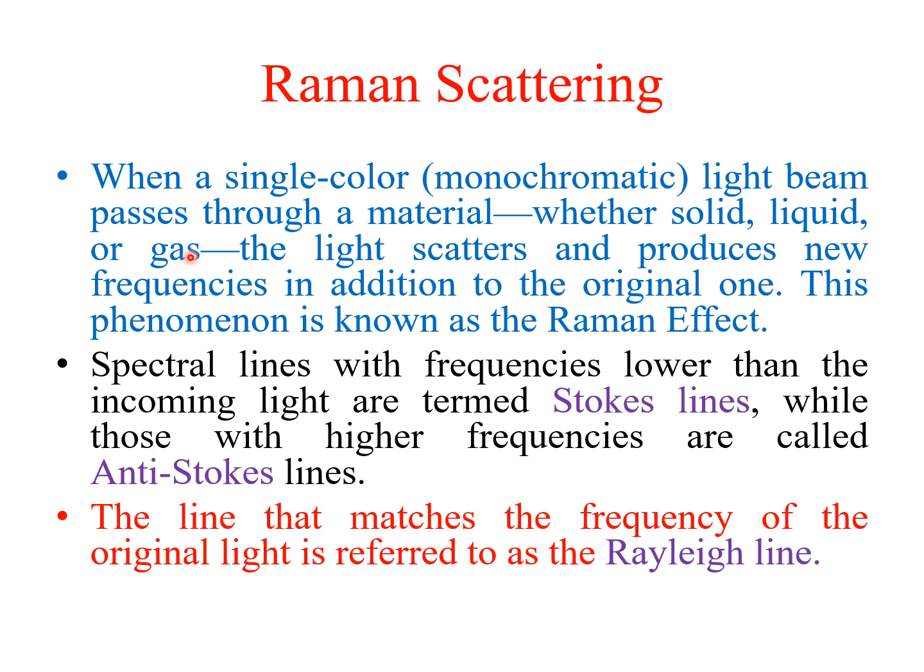So the emitted photons may have higher frequencies or lower frequency. The lower frequency light is termed as Stokes scattering or Stokes line, while the higher frequency is called anti-Stokes line. And there is a photon emitted with the same frequency as the incident light. This is called Rayleigh line.